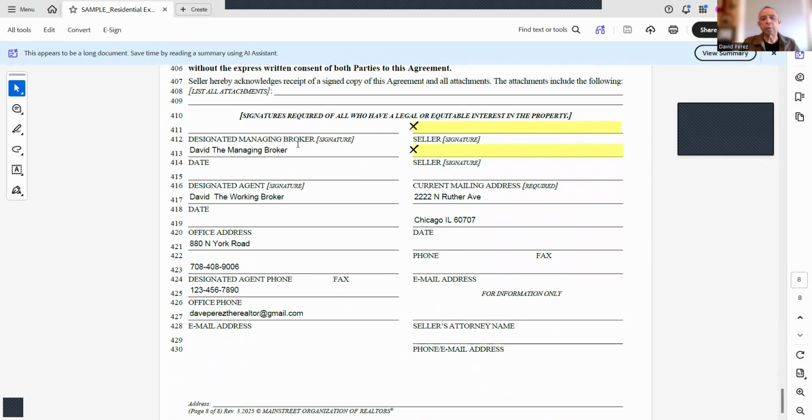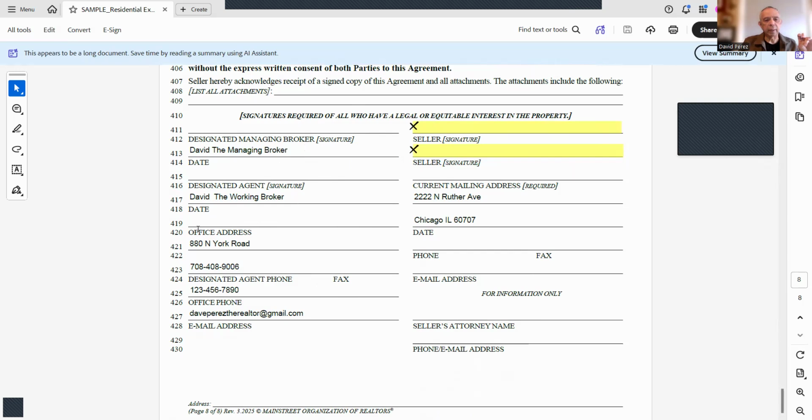If I'm a managing broker myself, so I could, if I had my own office, my name would be up here as well. But I keep things simple, and I like to give my time to my clients. So I have an old friend who owns a brokerage, and we have an agreement where I work under him. I have my license hanging at his office, and that's how I roll. Okay.